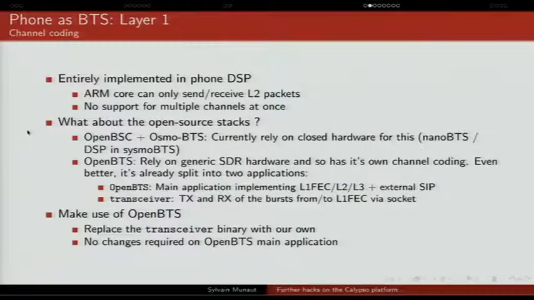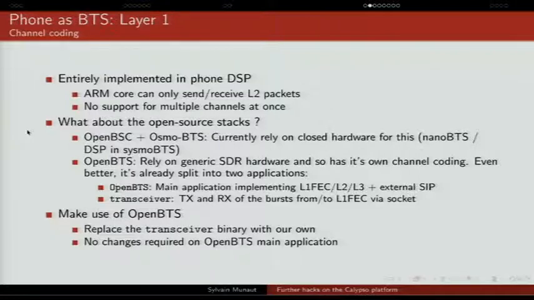So the first part of layer 1, as I mentioned, is channel coding, and we can find that in those projects. Not in the OpenBSC and Osmo BTS combination. Unfortunately, this actually relies on commercial hardware, which has its own closed-source implementation of the channel coding. But OpenBTS relies on generic SDR hardware, like the USRP or more recently the UMTRX, which means it has its own channel coding implementation.